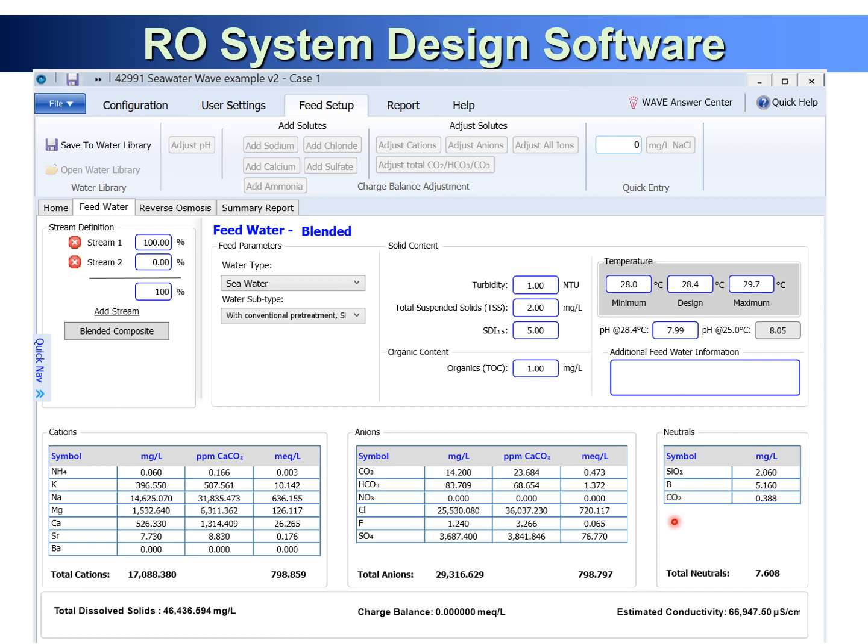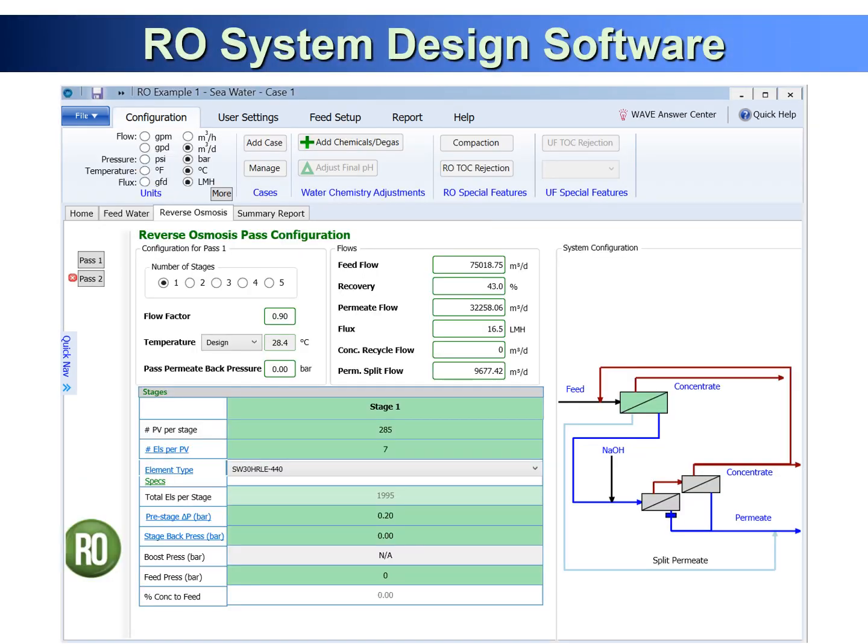Boron is one of the problematic compounds, which can be very difficult to remove using RO, because it is neutral and passes through easily. So based on this water chemistry, the next step is to go to reverse osmosis.